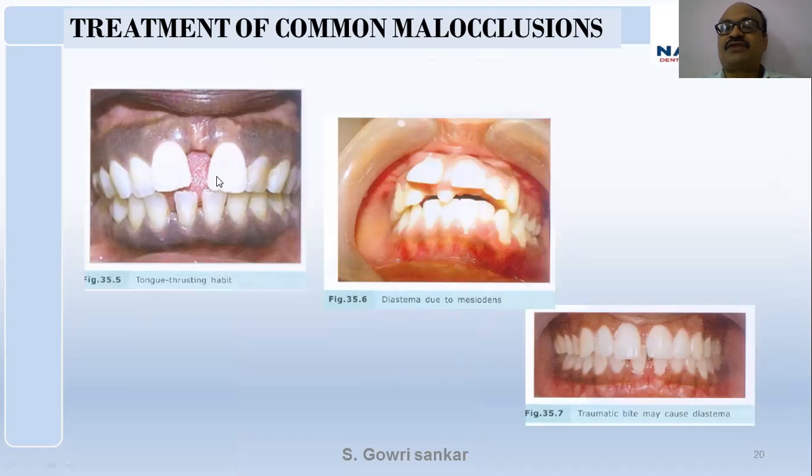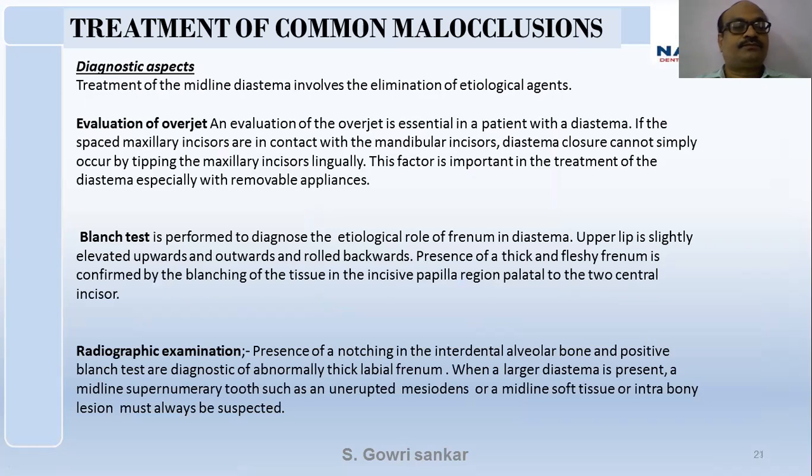Sometimes abnormal habits like tongue thrusting and weakened periodontal support may also give rise to midline diastema. And as explained, the traumatic bite, the constant clenching of the upper and lower teeth, the hitting of the lower teeth against the upper teeth, may sometimes lead to the midline diastema.